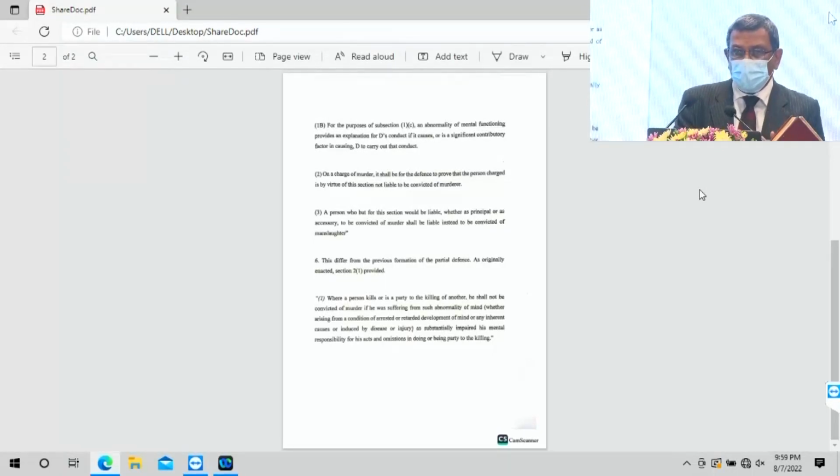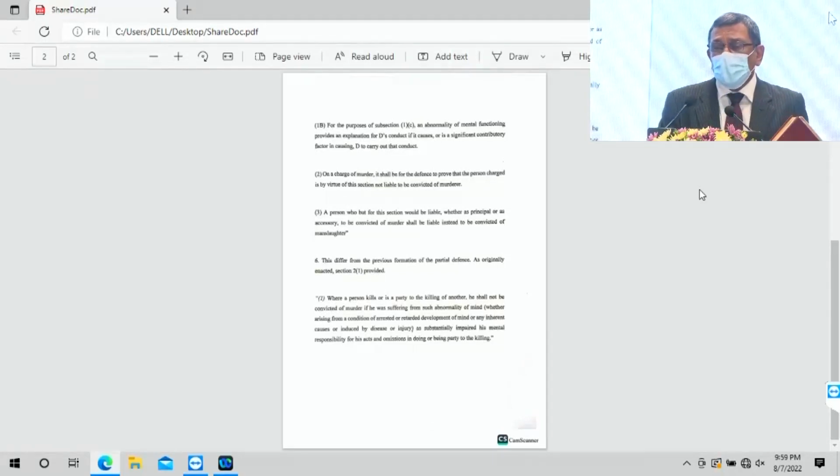What do you mean by substantially impaired in this particular statute? That is the most important, the pivotal point as far as the understanding of the operation of the law is concerned. That is where there had been several judgments.